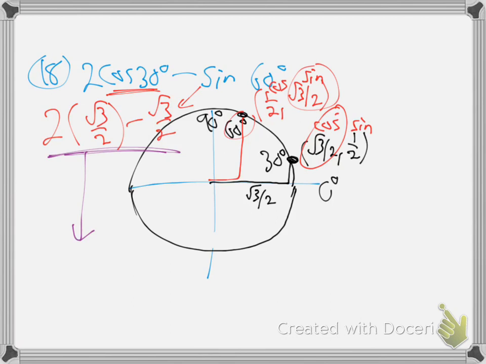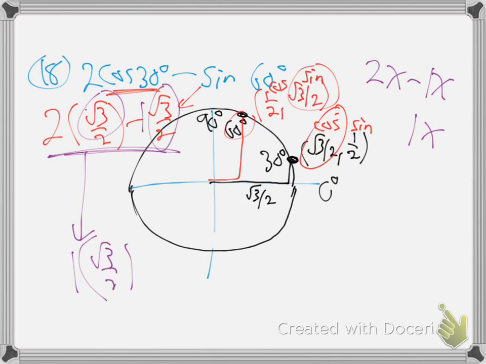Let me make this super easy for you. What's 2x minus 1x? Just x, right? So what's 2 root 3's over 2 minus 1 root 3 over 2? In other words, root 3 over 2. That's easier than anything else you could do. Everybody track with that? You have 2 monkeys minus 1 monkey, it's just a monkey, right? If you have 2 root 3's over 2 minus 1 more, it's just one of those. So there's the answer.